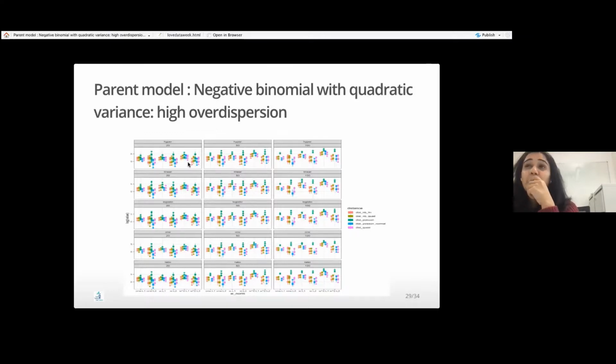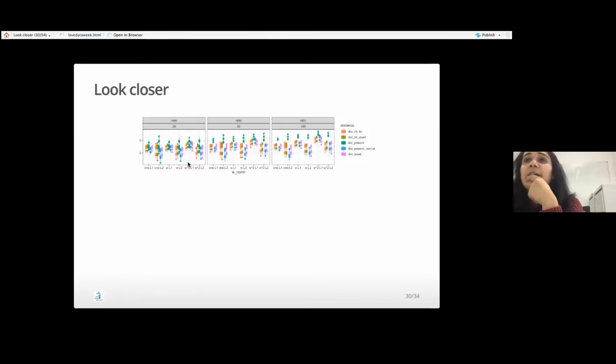With the negative binomial with the quadratic variance and higher overdispersion, we see the same results. For higher sample sizes, it identifies Poisson very well, and the Poisson normal goes very low. That means it really can identify overdispersion.